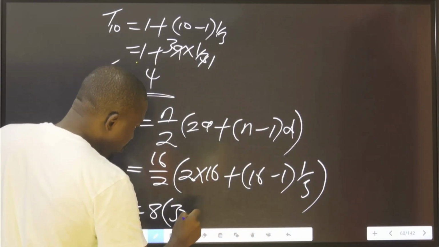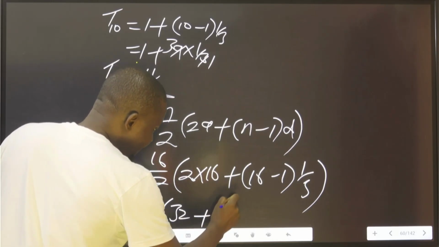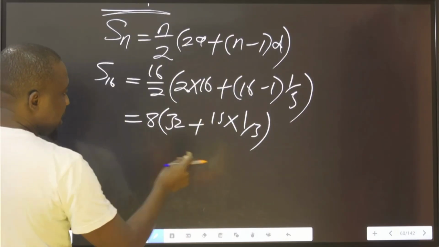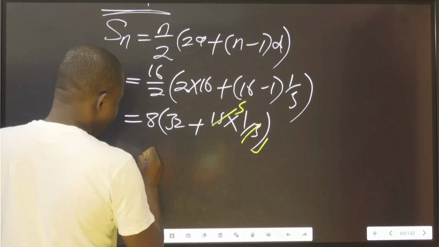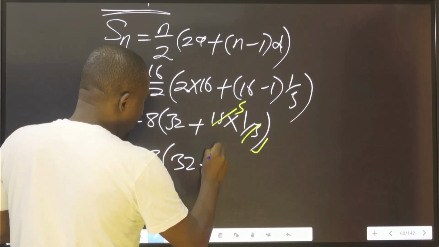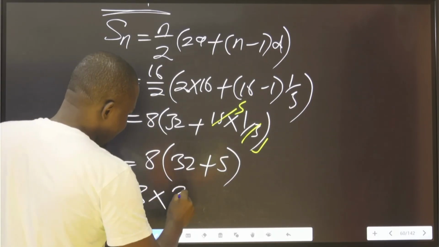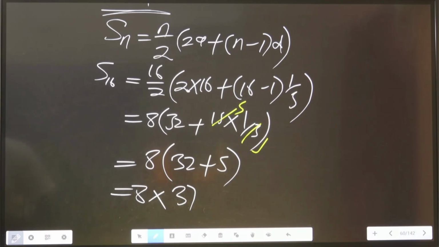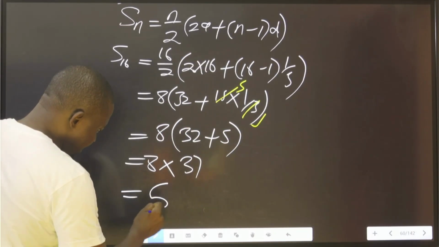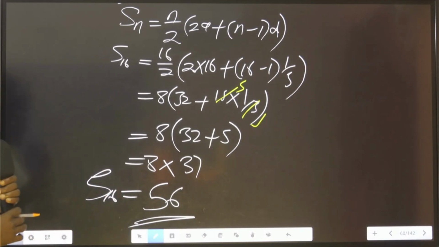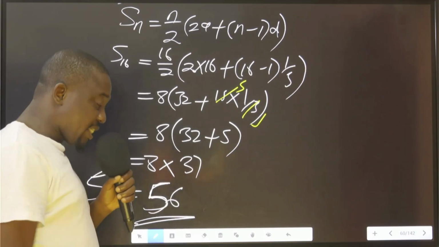This is 32 plus 15 over 1 over 3. This here 1, this here 5. We have 8, 32 plus 5. This will give us 8 multiplied by 37. What is 8 multiplied by 37? 56. This is the final answer for the sum of the first 16 terms.